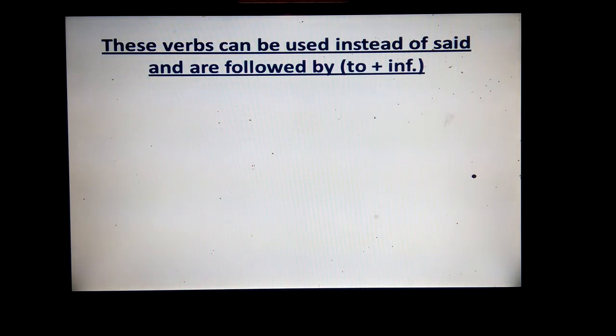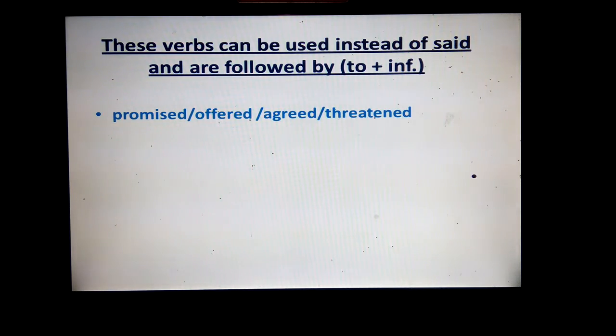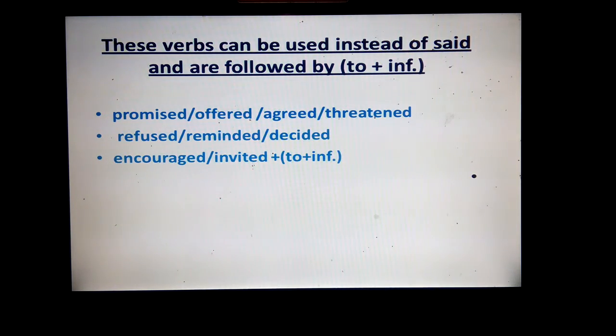These verbs can be used instead of "said" and are followed by "to" plus infinitive. There are verbs followed by the infinitive: promised, offered, agreed, threatened, refused, reminded, decided, encouraged, invited, plus "to", plus infinitive.